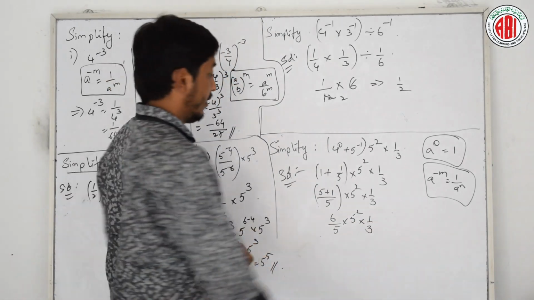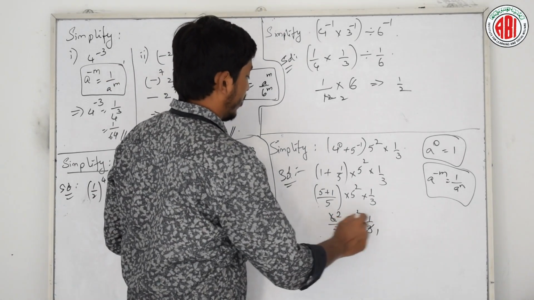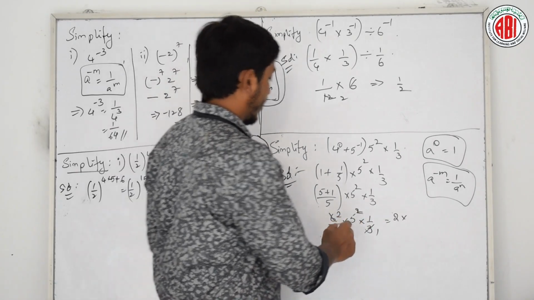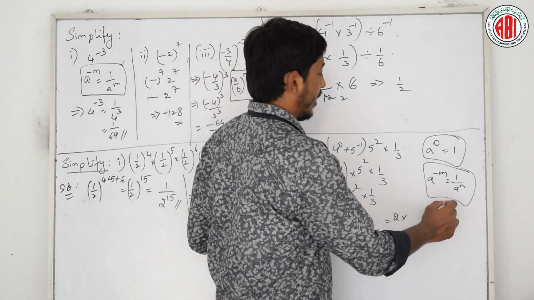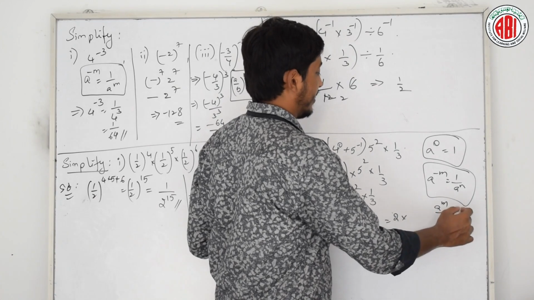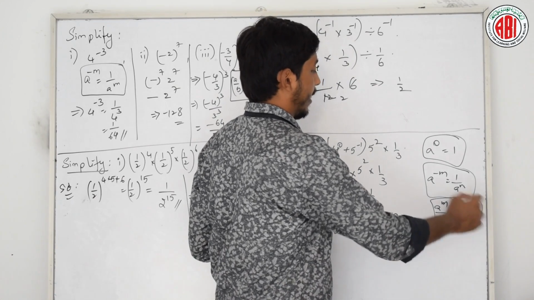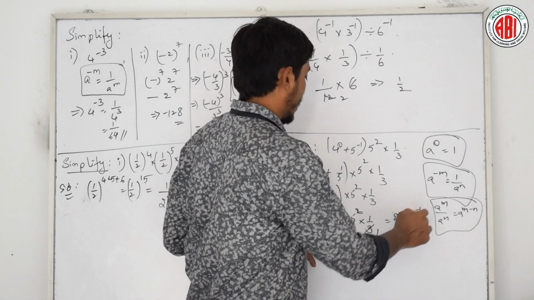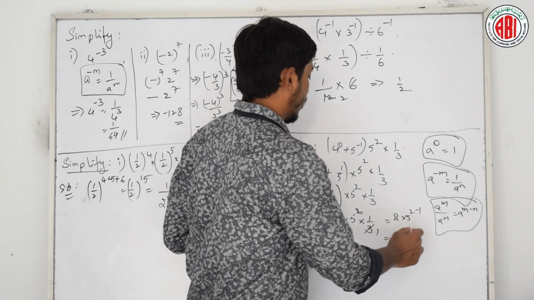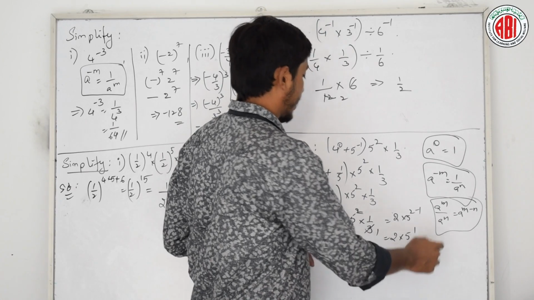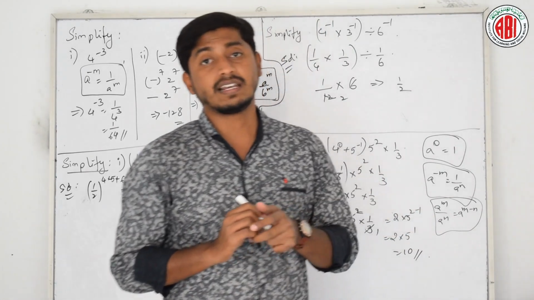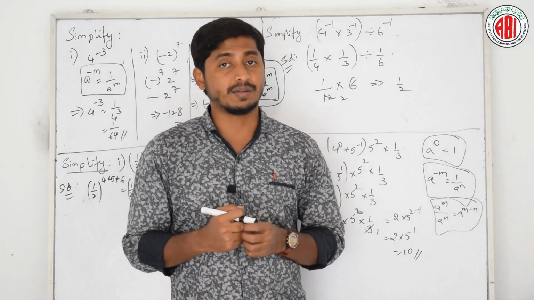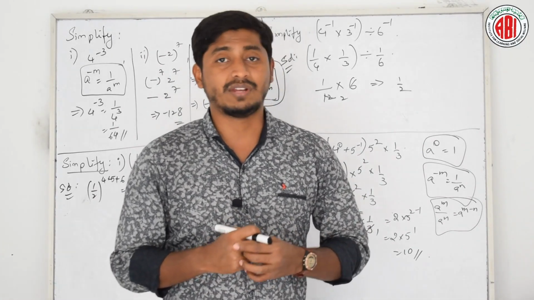Is it right? 3 ones are 3, 2s are 2, into 5 power m by 5 power 1, that is a power m by a power n is a power m minus n. Is it fine? That will be 5 power 2 minus 1, that is 2 into 5 power 1, that is 10. Is it clear? Did you understand? We have used almost all formulas in these problems. Shall we do the next problem?